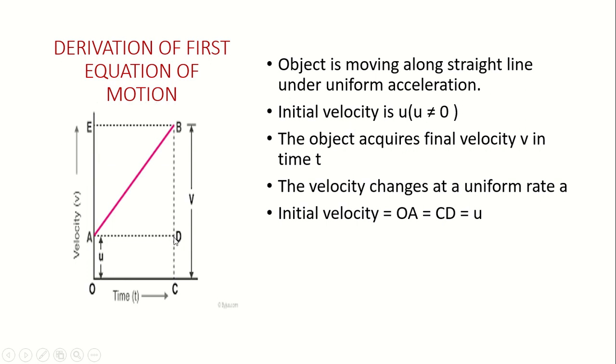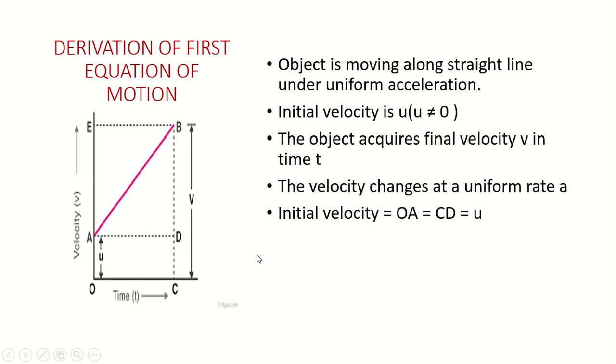And we have drawn another line AD, which is again parallel to the time axis. Okay, so this line BC is perpendicular to the time axis. The line AD and BE, these are perpendicular to the velocity axis or the y-axis.